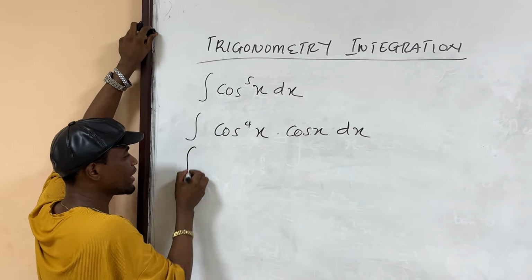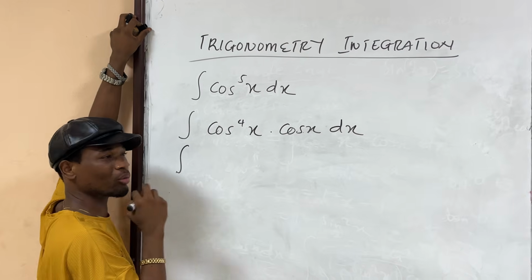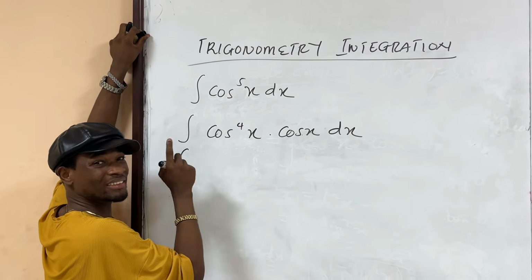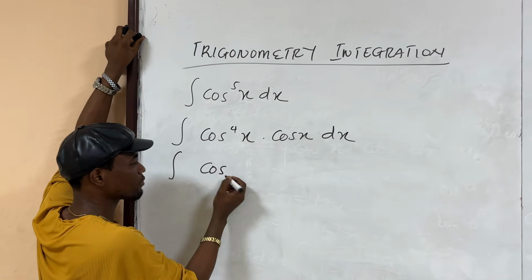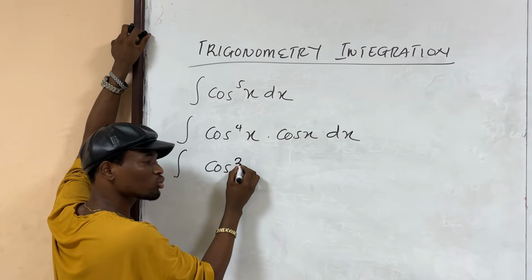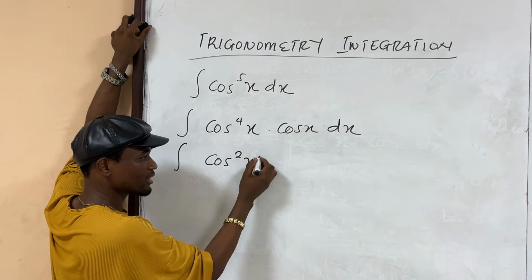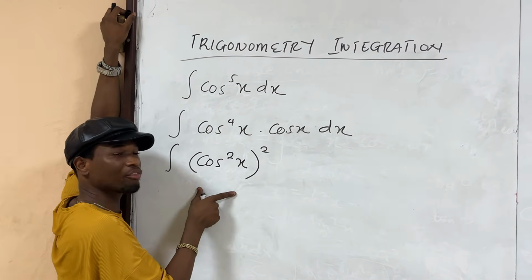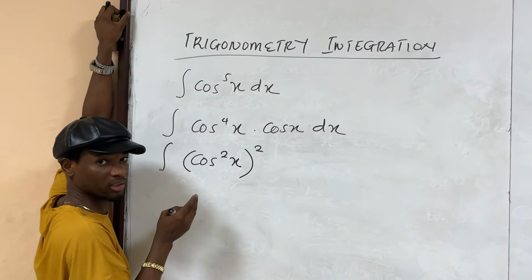And remember again, the power reducing formula, we can still do something to this. This is the same as cos squared x, then all squared. Viewers, visit my previous lecture videos, I've explained these things in detail.